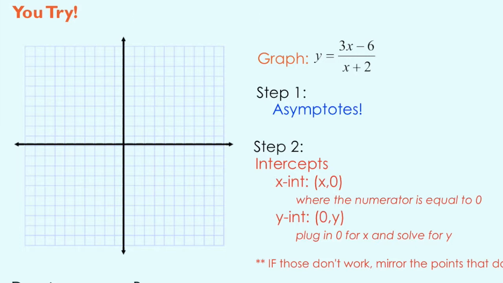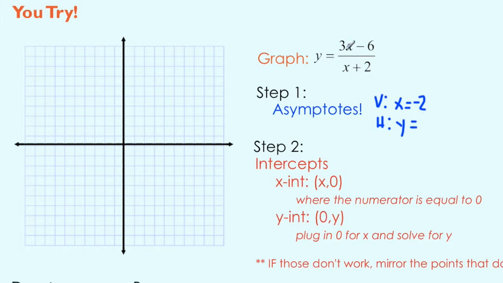All right. So step one on these, remember, is always find your asymptote. From your notes that you just wrote down, your vertical asymptote is where the denominator is equal to 0. So for what value of x would x plus 2 equal 0? You should find that that's x equals negative 2. And your horizontal asymptote is at the coefficient of same degree variables.